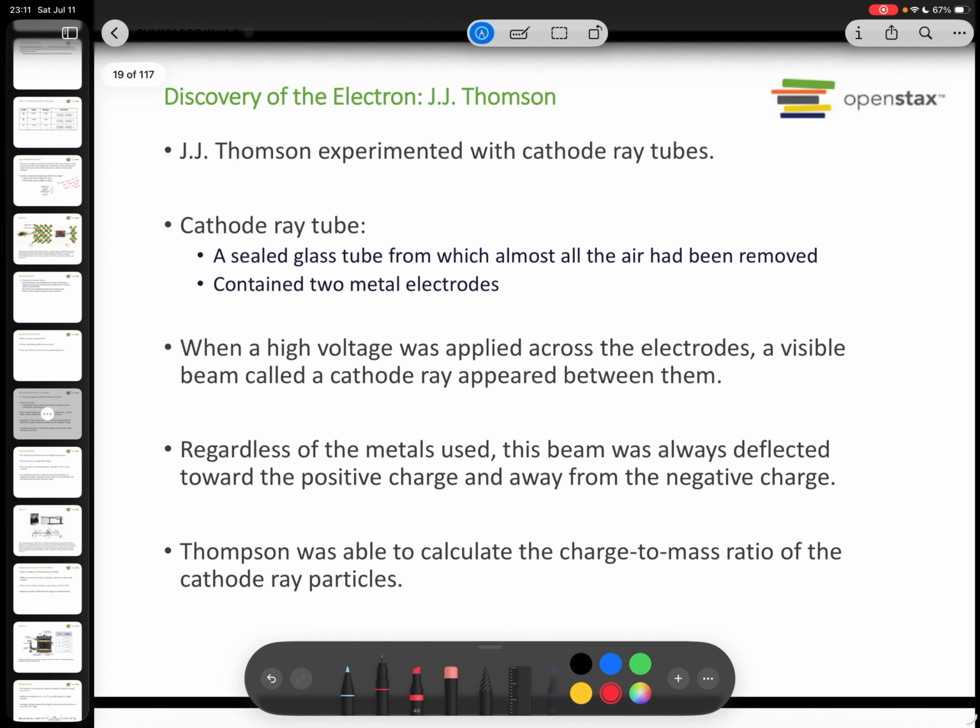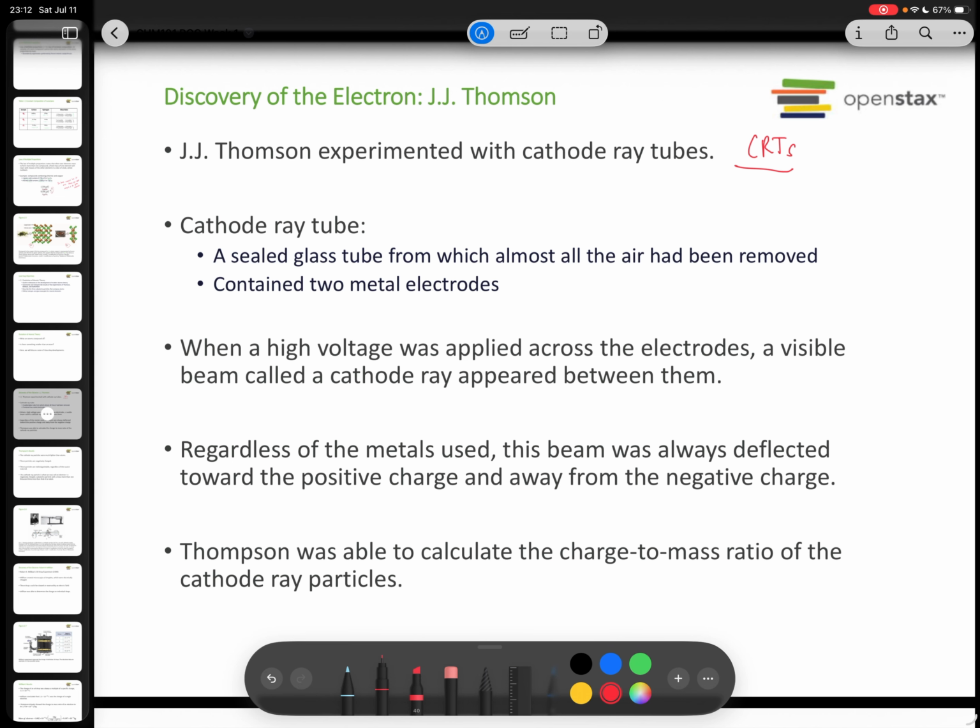Okay, let's start with this one. So J.J. Thomson studied cathode ray tubes or CRTs. So a cathode ray tube is a sealed glass tube with almost all the air removed, dun sa tube na yun.